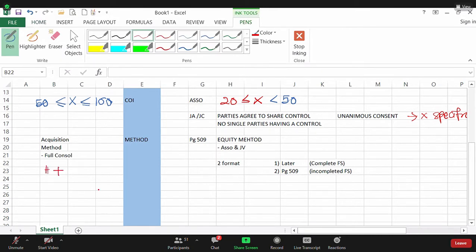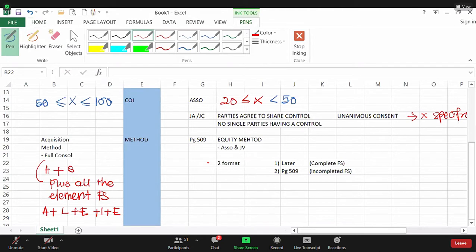You're going to plus all the elements of financial statement, which is you're going to plus the asset, liability, equity, income, and also expenses.